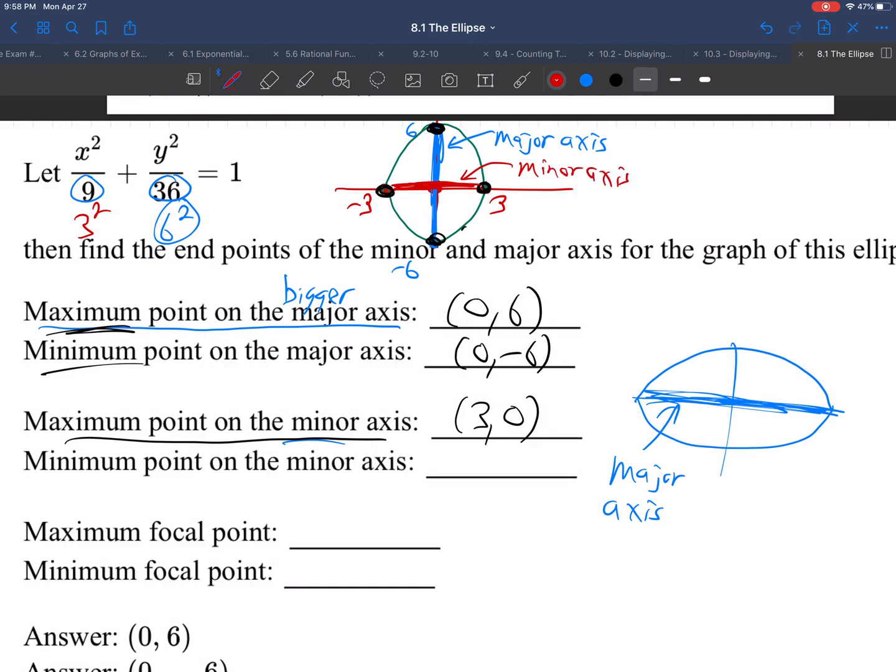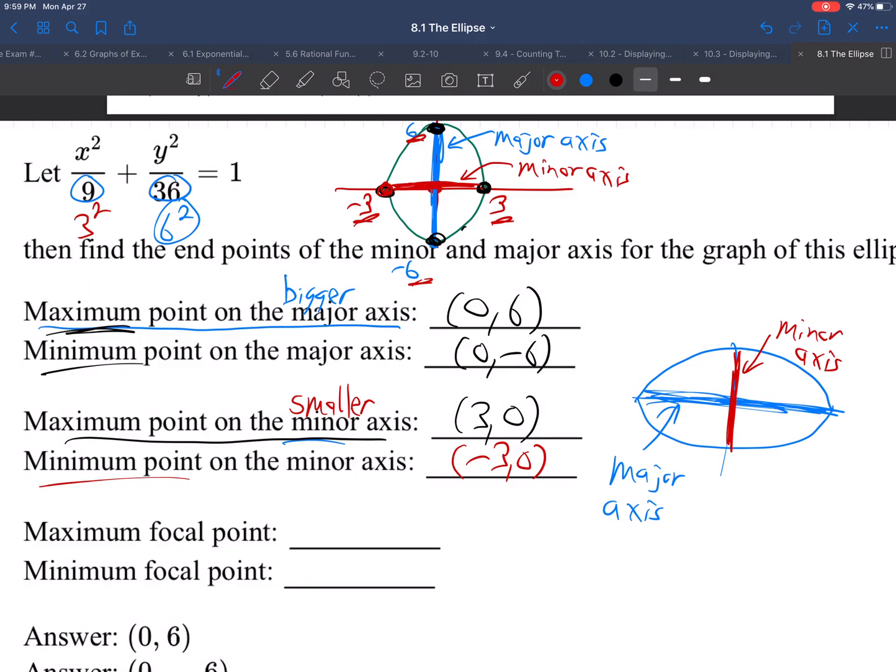If you had one that was wider than it is tall, then the minor axis would be the other one. So the minor is just the smaller axis, and the major is the bigger. So the minimum point on the minor axis is this point over here, back 3. It's minimum. It's lower, right? Minus 3 is lower than positive 3, like minus 6 is lower than positive 6. That's what they mean by minimum or maximum.